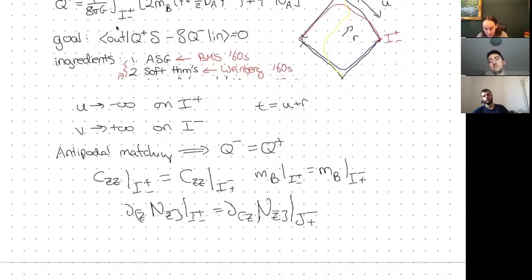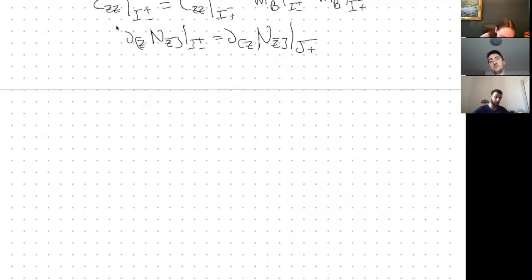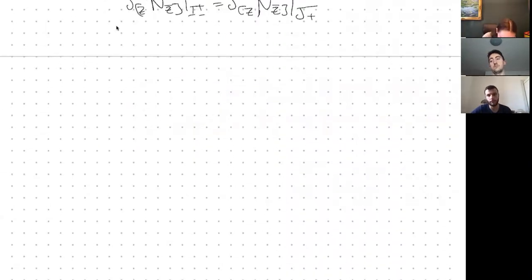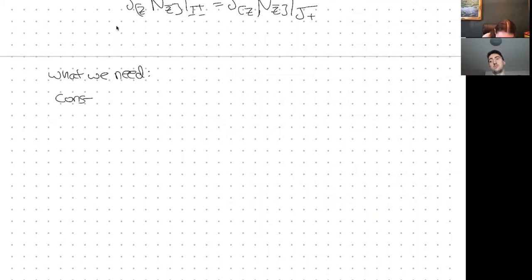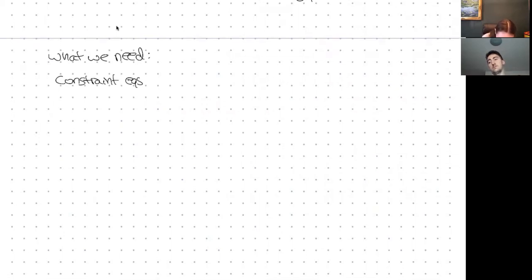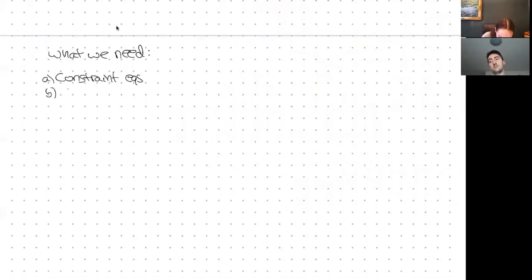So the things that we're going to need now are the following. We're going to need our constraint equations. We're going to need our soft theorem.